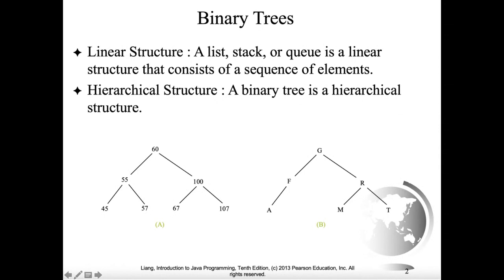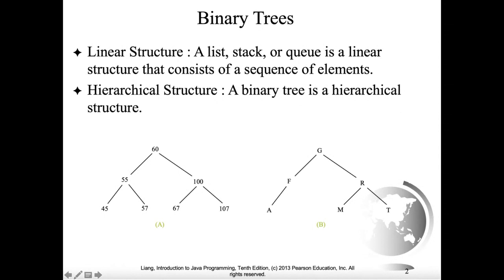The siblings, they have the same father, right? So they have the same parent. So all the immediate nodes right after the roots. Here we have the root as 60, for example, in picture A, and the children of that are going to be 55 and 100, because they're connected through an edge directly to the root.